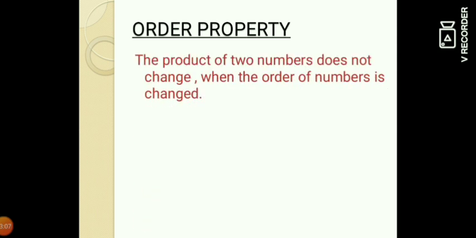Now, our next property is the order property. It says that the product of two numbers does not change when the order of the numbers is changed. Let's see the example. So, 15 multiplied by 2 will give you 30, as 15 twos are 30.